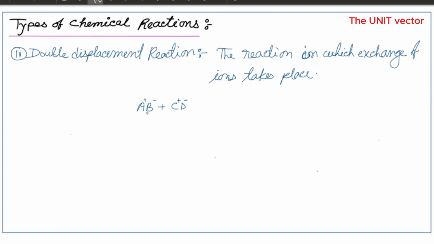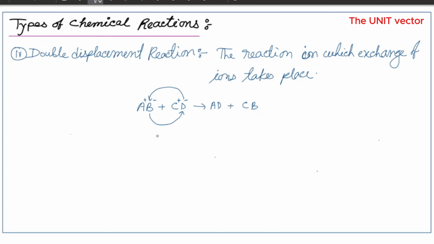They will exchange their ions with each other. So A will give its B ion to C and C will give its D ion to A. They are basically exchanging their negative ions. So when D comes to A, it will become AD and this will become CB. This type of reaction is called a double displacement reaction.